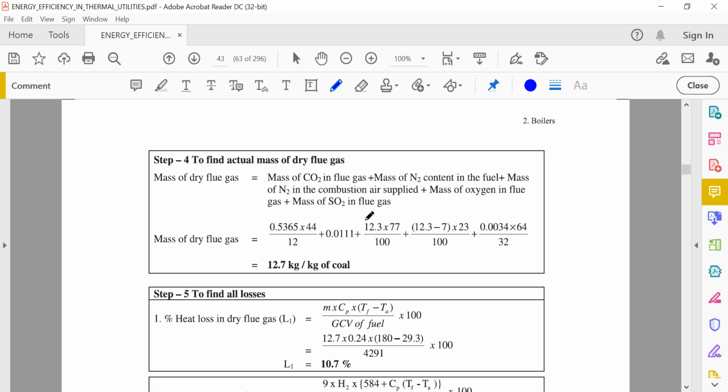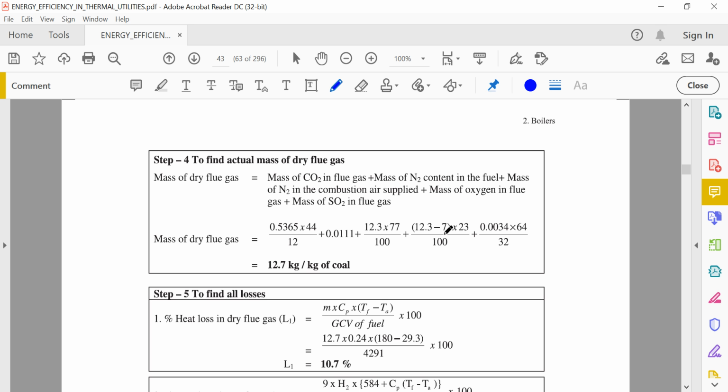So this is the amount of nitrogen that is there. Now this is basically the oxygen in excess here. 7 kg of air we require for perfect combustion.